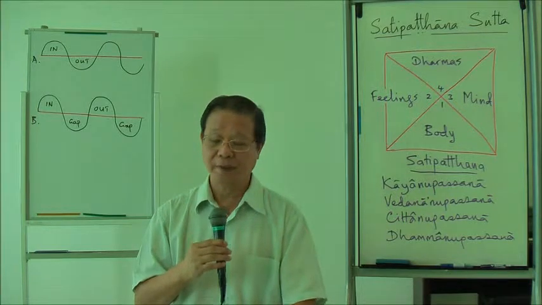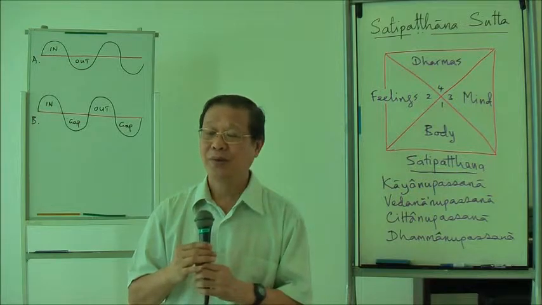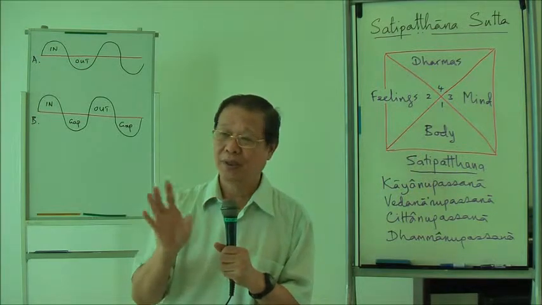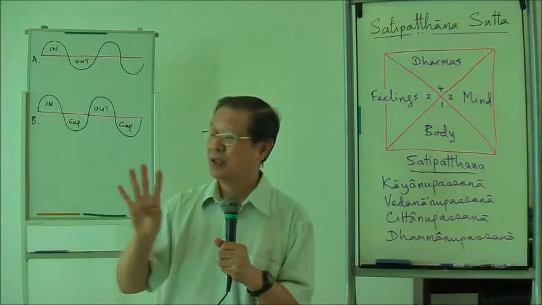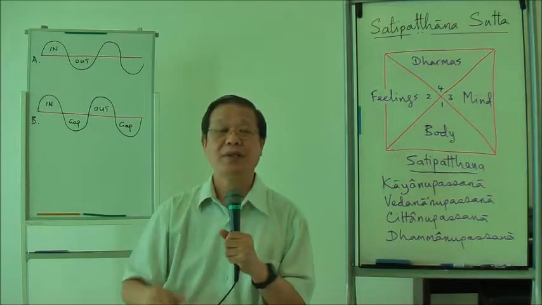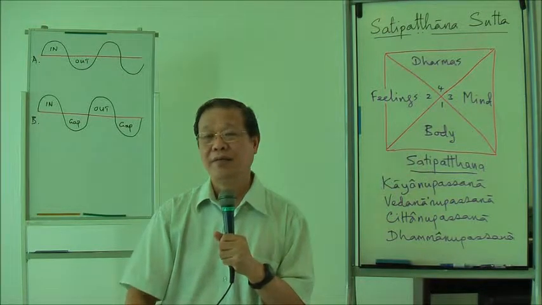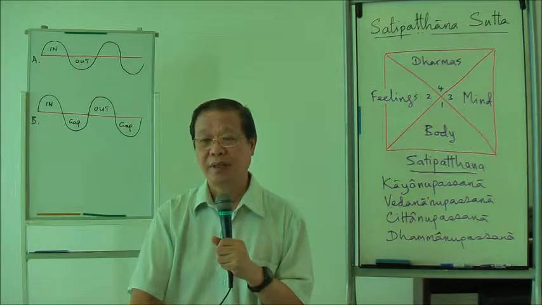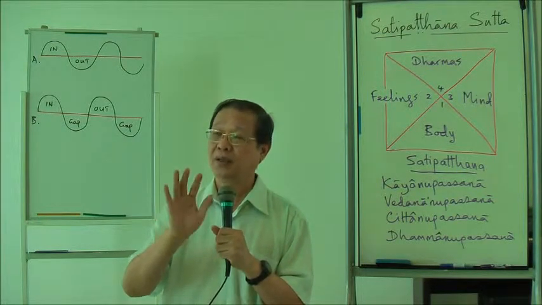Renunciation of what, you might say. Again, if you look at the Satipatthana, this is something you probably never heard before. You can look at the four Satipatthana as four levels of renunciation. In the first Satipatthana, Kayanupassana, you observe the body and let go of the body.